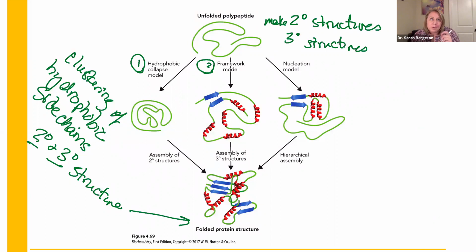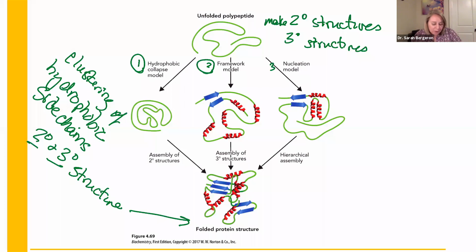So it's the secondary actually forming before the tertiary. In the hydrophobic collapse model, you're driving secondary and tertiary all at the same time, in order to get that quaternary structure. But in the framework model, it's stepwise: I'm going to make secondary structure, and that secondary structure is going to drive my tertiary structure. So it's kind of interdependent.